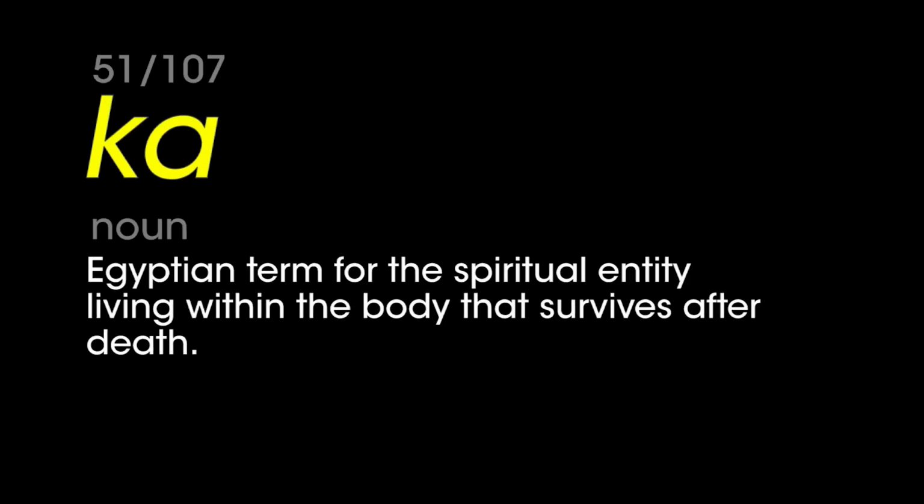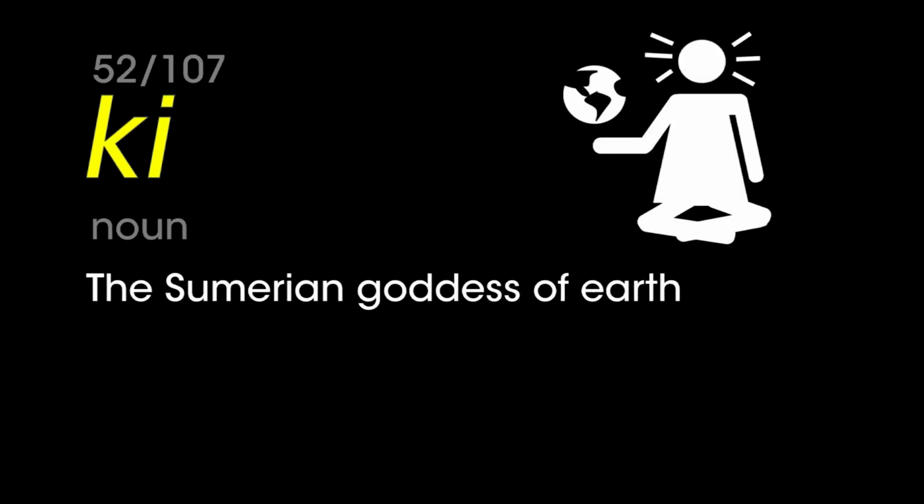I guess so. Ka is the Egyptian term for the spiritual entity living within the body that survives after death. I like how just out of the blue we get something deep and philosophical like this. It's quite interesting. Ki, see another one. The Sumerian goddess of Earth.